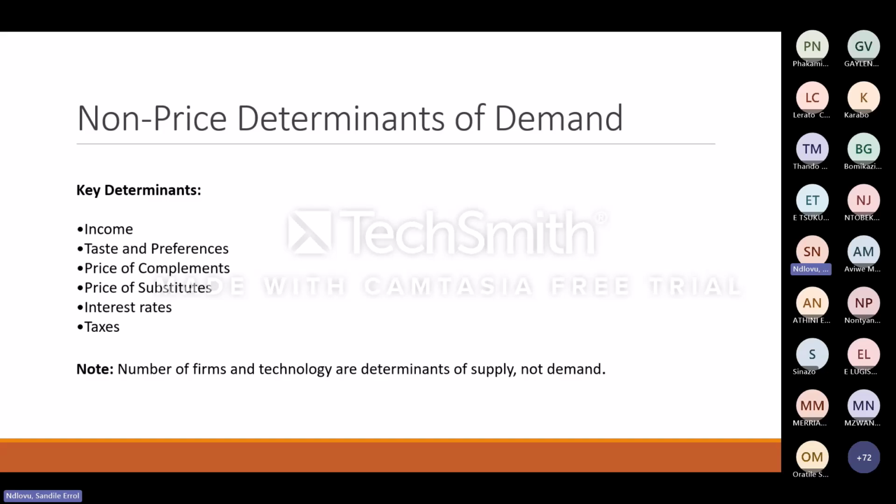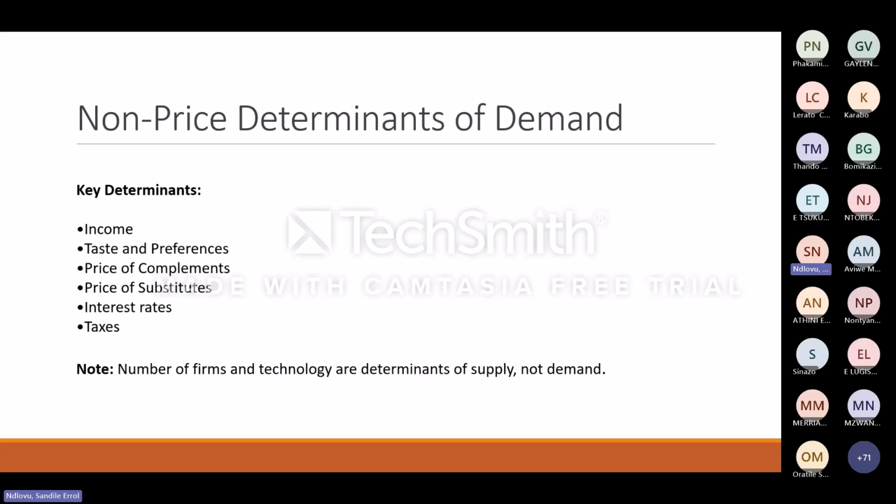So increases in prices tend to decrease quantity demanded, because you're working under a budget and some goods need to be not spent on in order for you to still have money to spend on other goods and services. All right, so that's price.